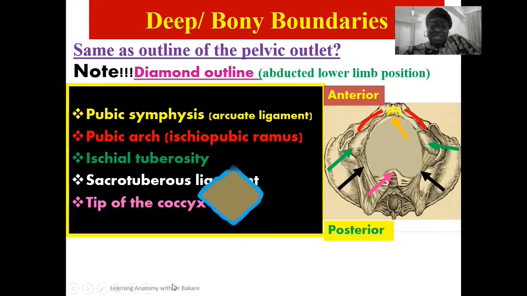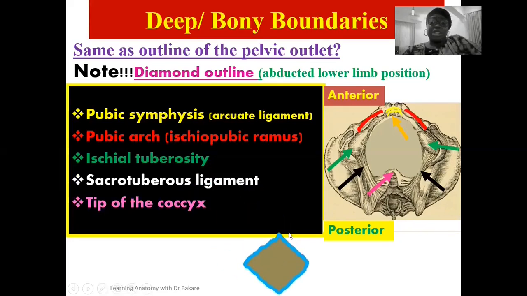If you use this image down here, this is a diamond-shaped configuration. In the anterior midline region, we have the pubic symphysis and the underlying arcuate ligaments. If you go more lateral at the anterior region, you have the alignment created by the pubic arch or the ischiopubic ramus.